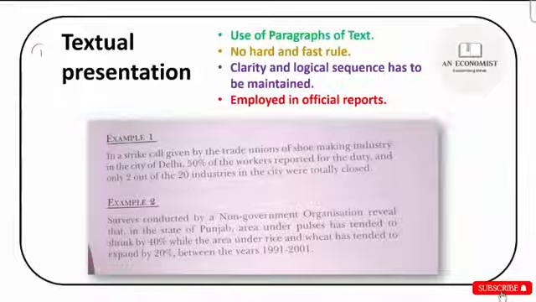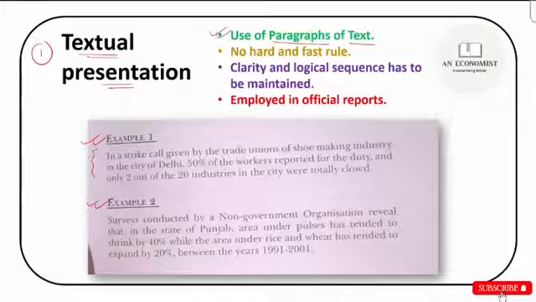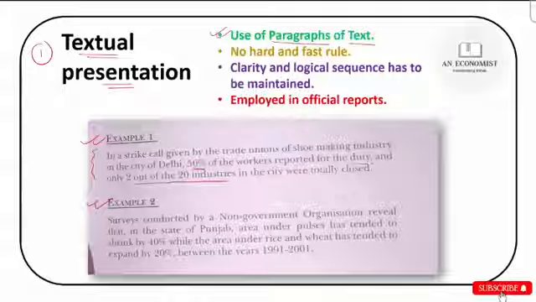First method will be the textual presentation. What is this method? This method uses paragraphs or text to present the data. To show you, I have given two examples here. Let us see the first example. It says, in a strike call given by trade unions of the shoemaking industry in the city of Delhi, 50% of the workers reported for the duty, and only 2 out of 20 industries in the city were totally closed.